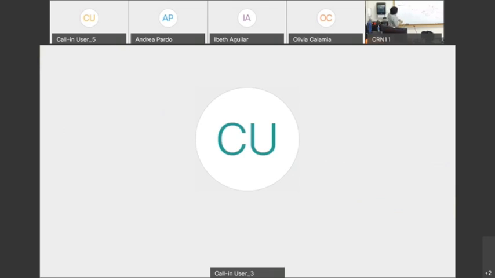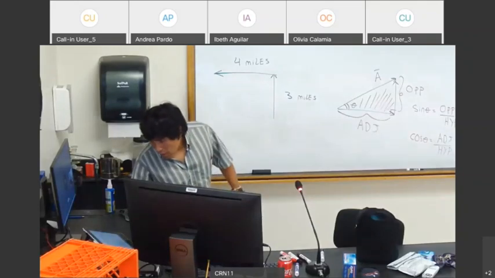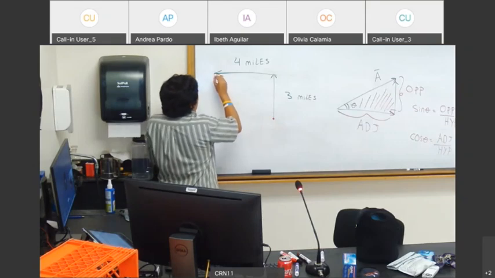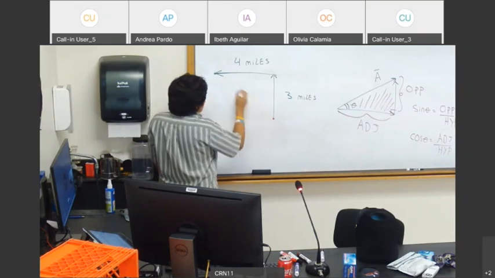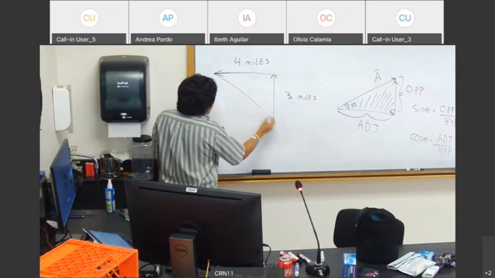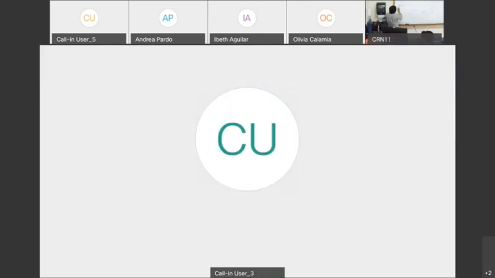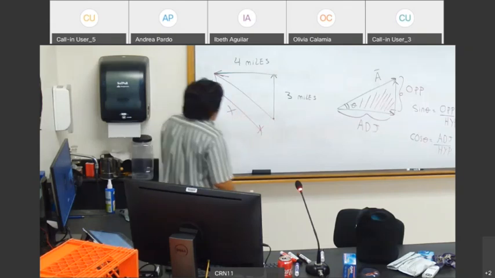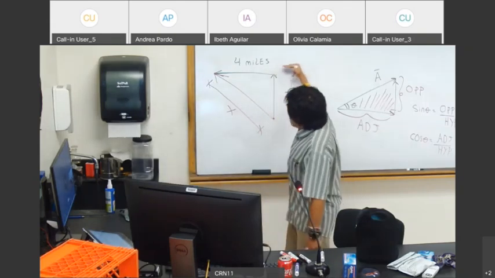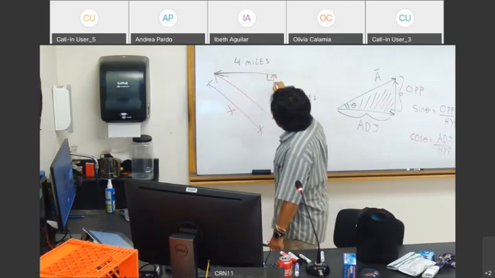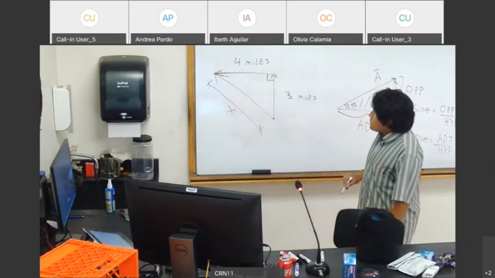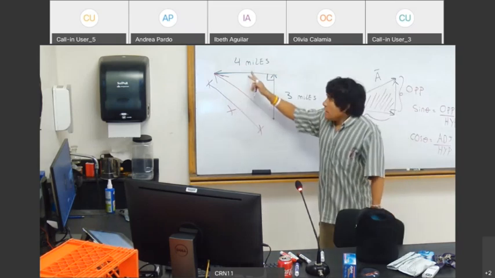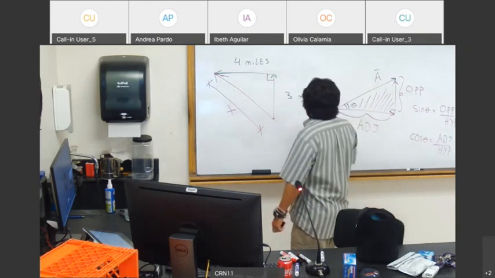It says here, how far are you from your starting location? So you are here now, and you want to know this. This will be your X. North and west make an angle of 90 degrees. So how do I find the X value in a right triangle? You will do the following.